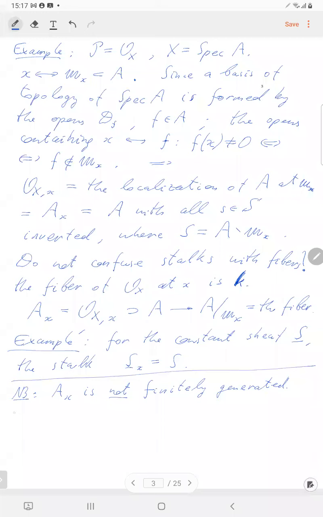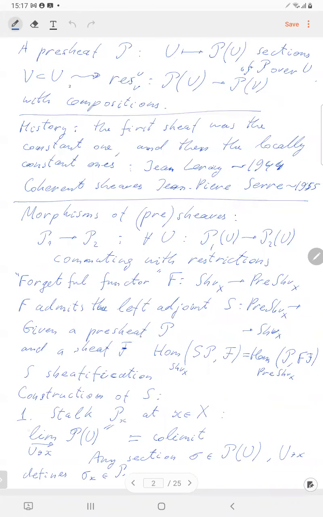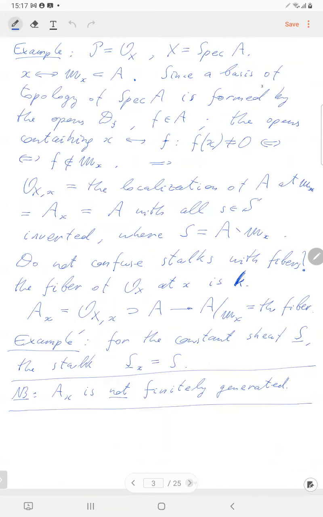Okay. Now the next notion. Let me see, what was it? It was number 1, the stalks. And now let's go to number 2, maybe.